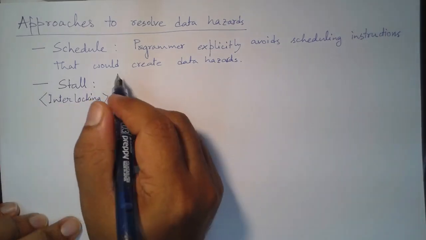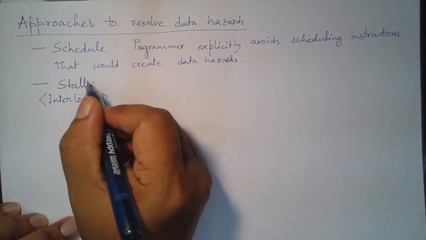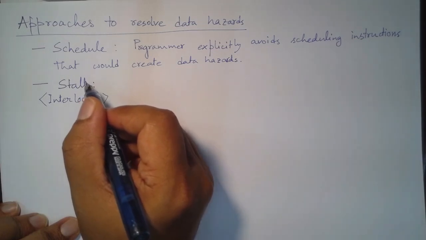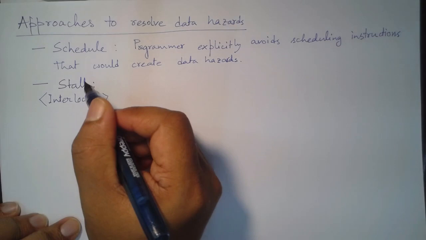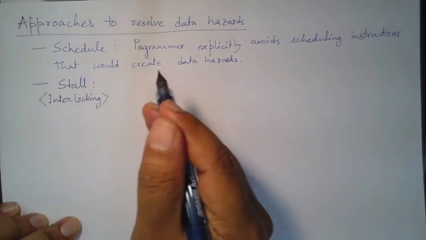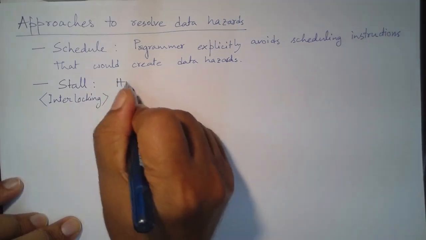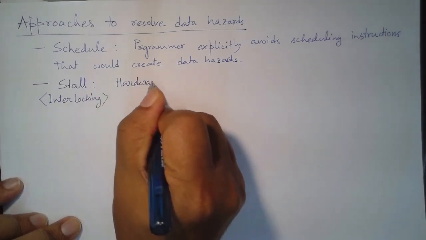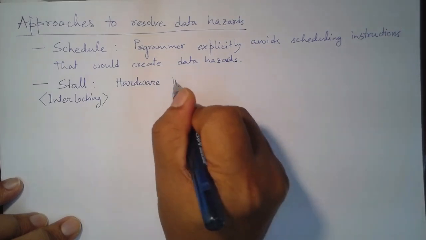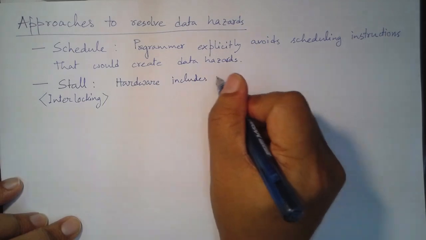So basically here the hardware includes control logic that will look at the preceding instructions, and if there is any dependence on it, it will freeze the execution.